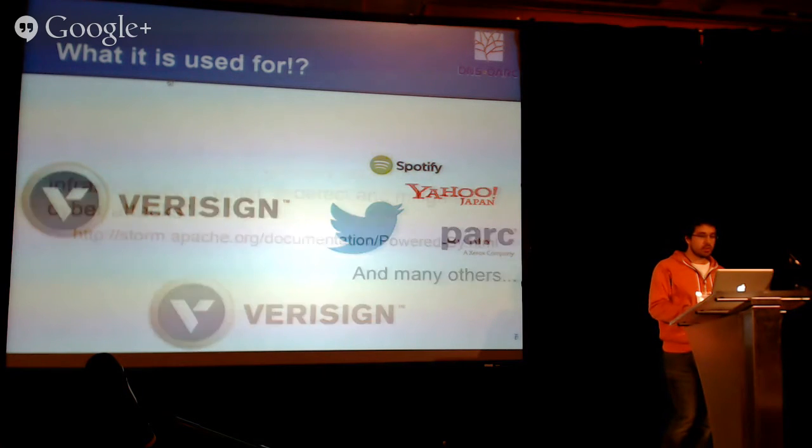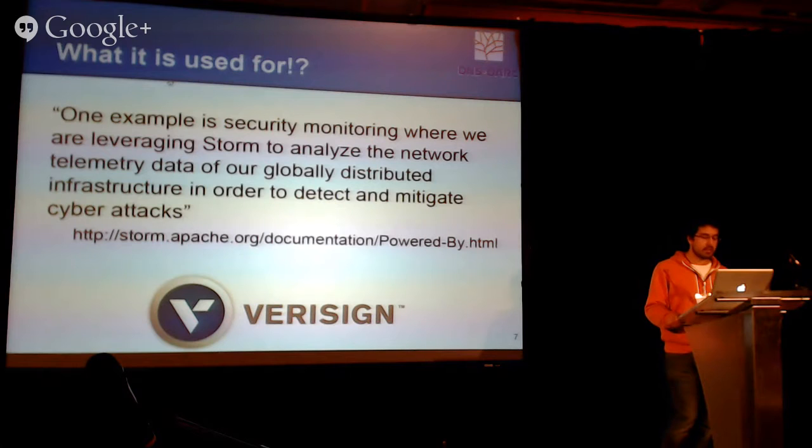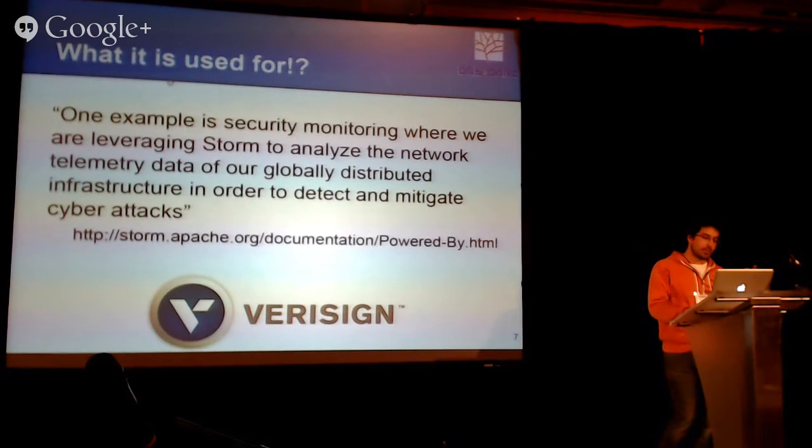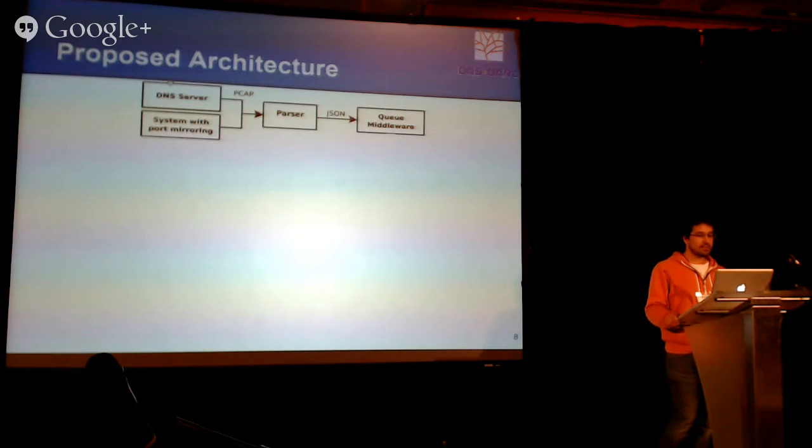In the DNS world, it has been used by VeriSign to detect and mitigate cyber attacks, as we saw yesterday. And we want to do something similar to this, but in another way.